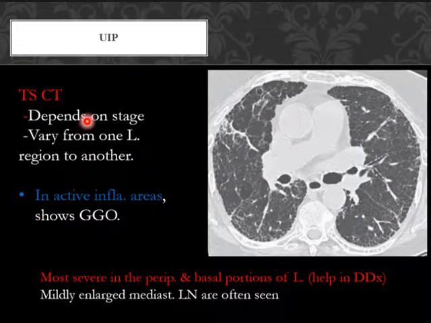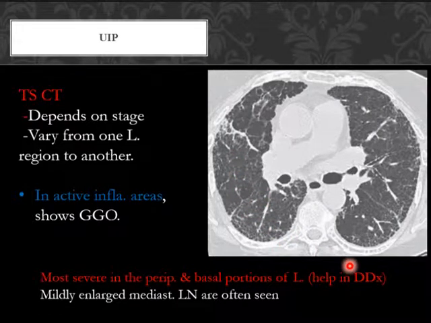On CT, it depends on the stage of the disease. One important feature of UIP is that it varies from one lung region to another, not uniform. When there is active inflammation, it shows ground glass opacity and reticulation. They are most severe in the peripheral and basal portion of the lower lung.